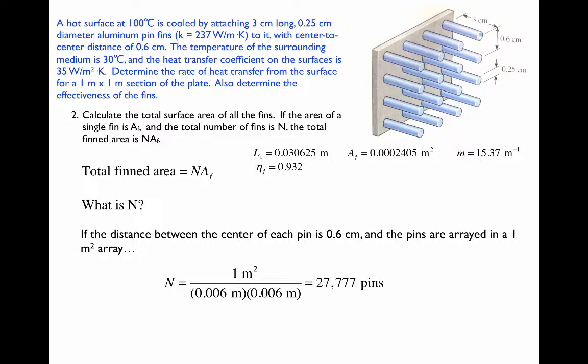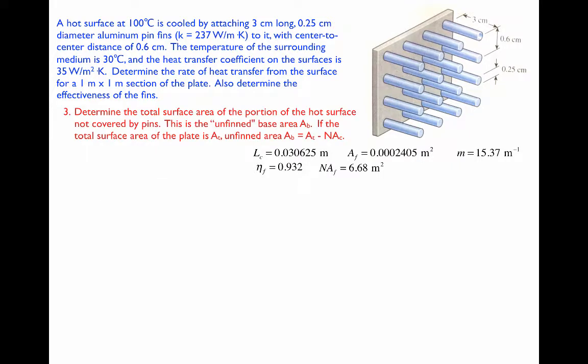Calculating it this way does allow for a little bit of spacing between the fin and the edge all the way around. Then we multiply n by the surface area of a single fin to get the total finned surface area of 6.68 square meters. We move to step 3, determine the total surface area of the surface not covered by pins. This is the unfinned base area.